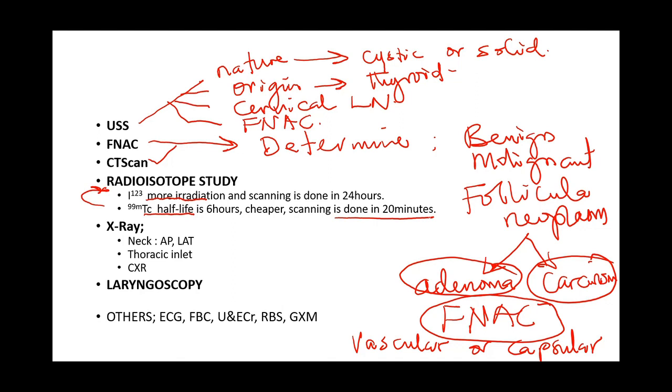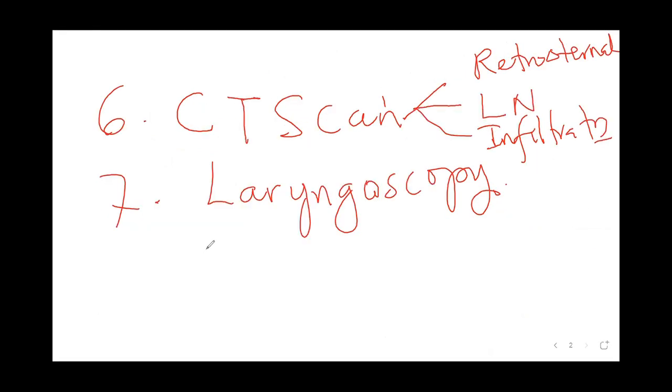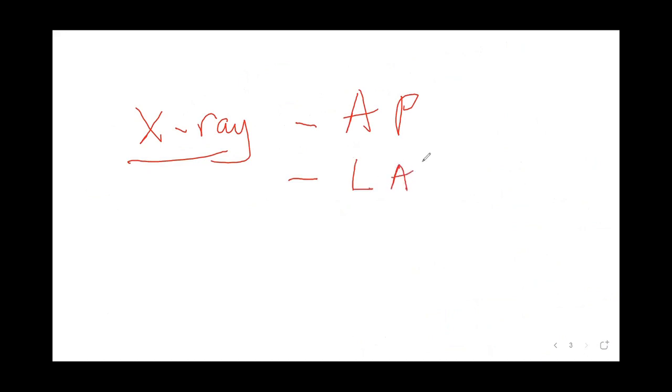The next investigation that we'll talk about is the X-rays, the radiographs. What are the various roles of X-ray in evaluating a patient with an anterior neck swelling? For the X-rays of the neck, AP and lateral is done.